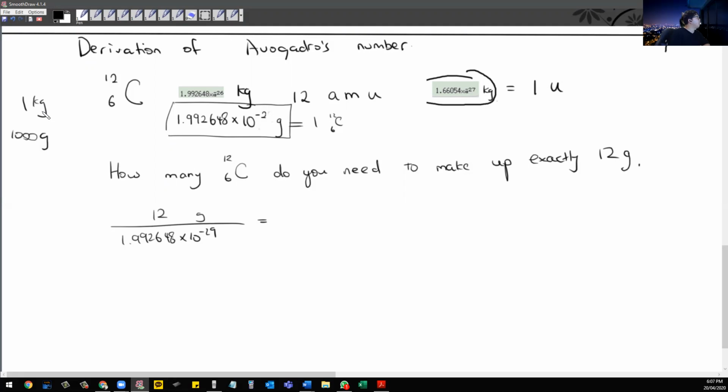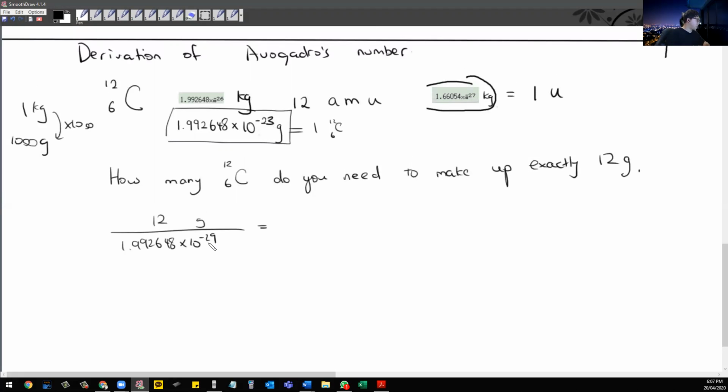So you have to times by that to go from kilograms to grams, times 1,000. So it's actually 23 in grams, right? Times 1,000, then negative 26 becomes negative 23. And does that make sense to you? Yes. So you divide by the one with 23 there. So my bad.